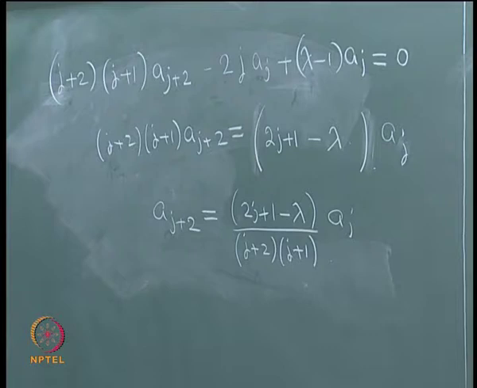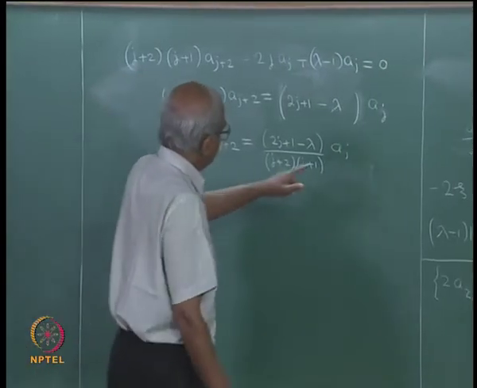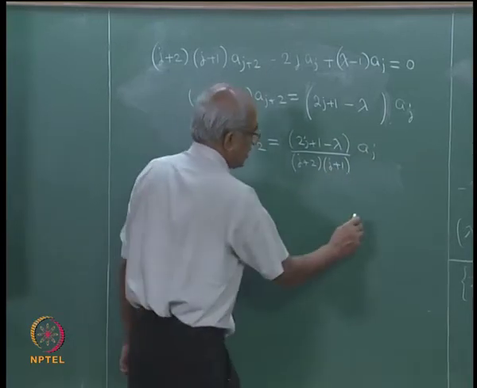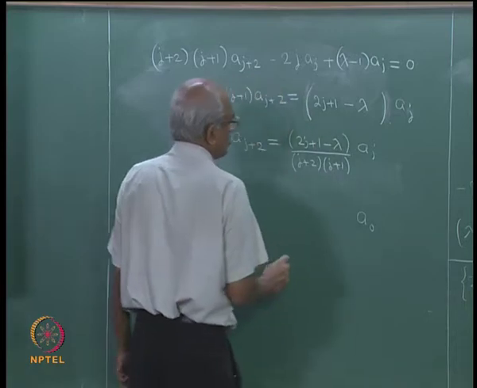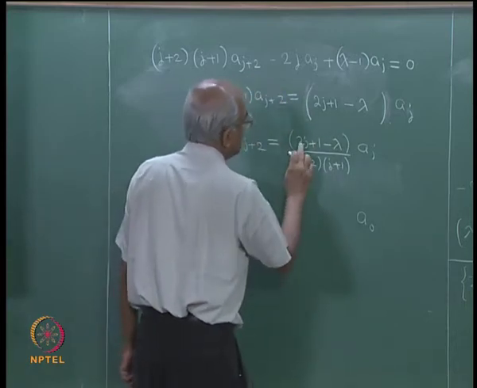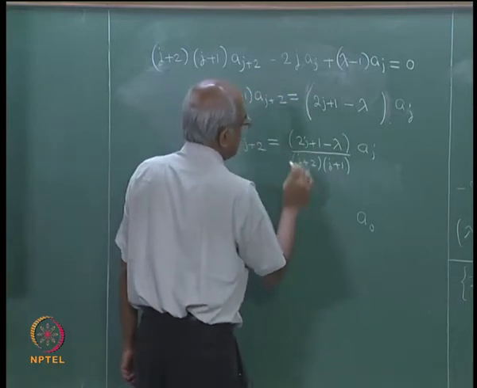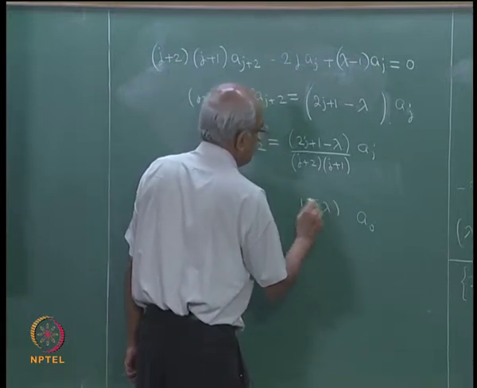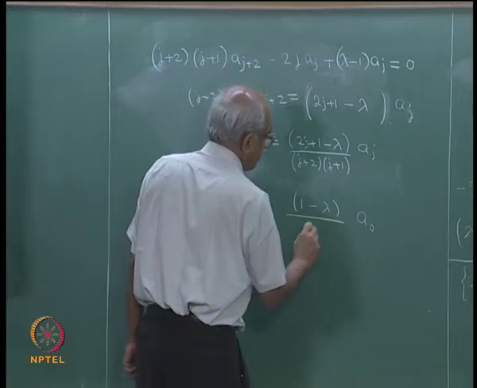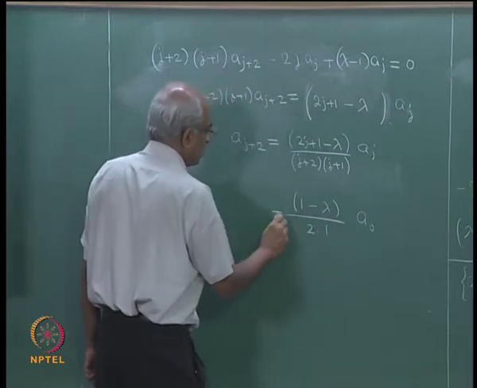Now, look at this condition, it is quite interesting, because suppose I put j equal to 0, what will I get? Let me just illustrate what happens. If I put j equal to 0, 2j will be 0. So, (1 - λ) divided by 2 into 1 should be equal to a2.